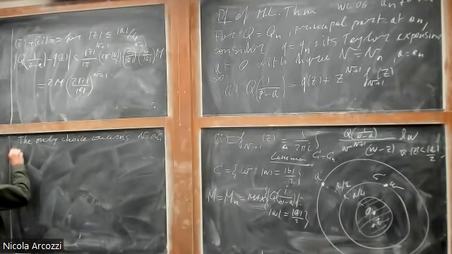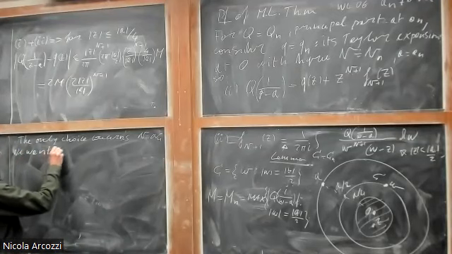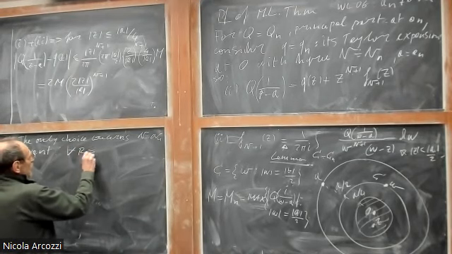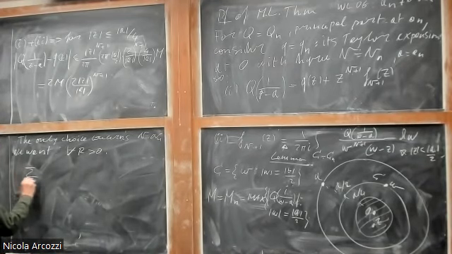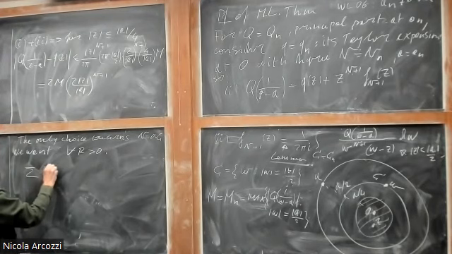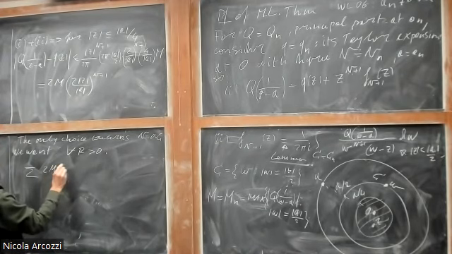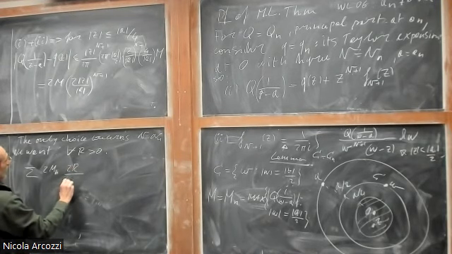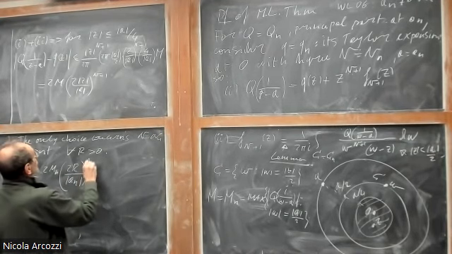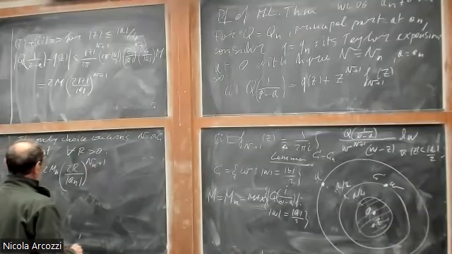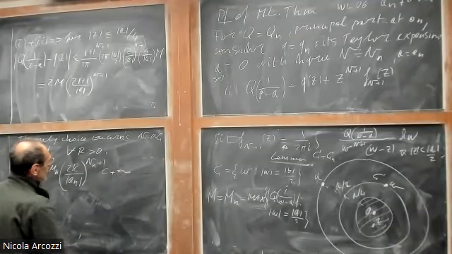So what we want is that for all r bigger than 0, assuming that mod z is at most r, the sum of 2n times 2r over mod an to the power n plus 1 is finite.